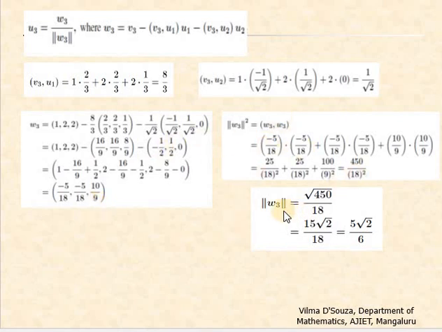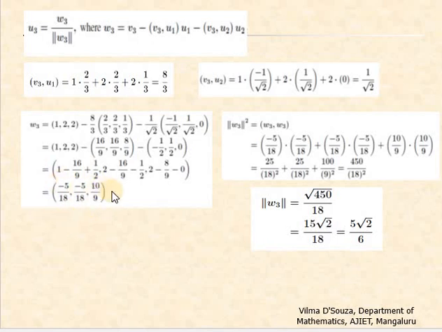What is the length of W3? Length of W3 is root of (−5/18) square plus (−5/18) square plus (10/9) whole square. If you want, you can take the denominator as 18 only, that time this will be 20.